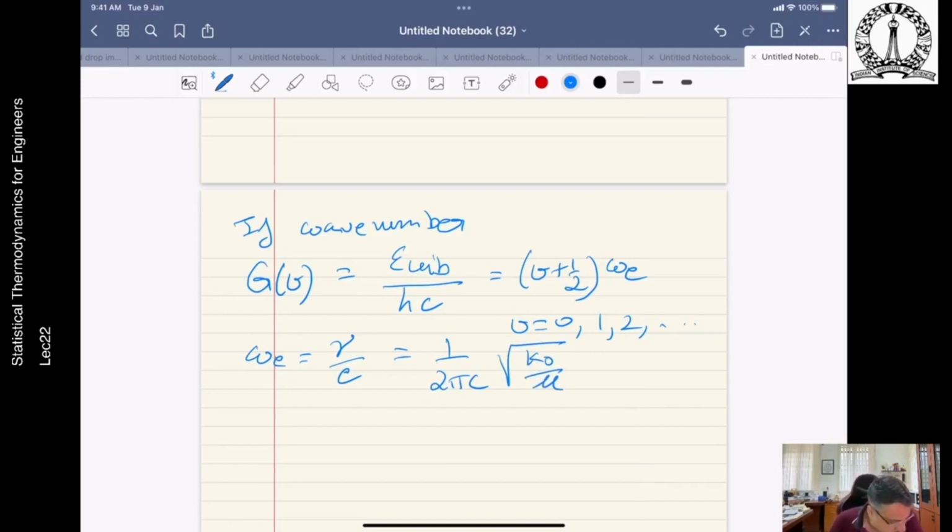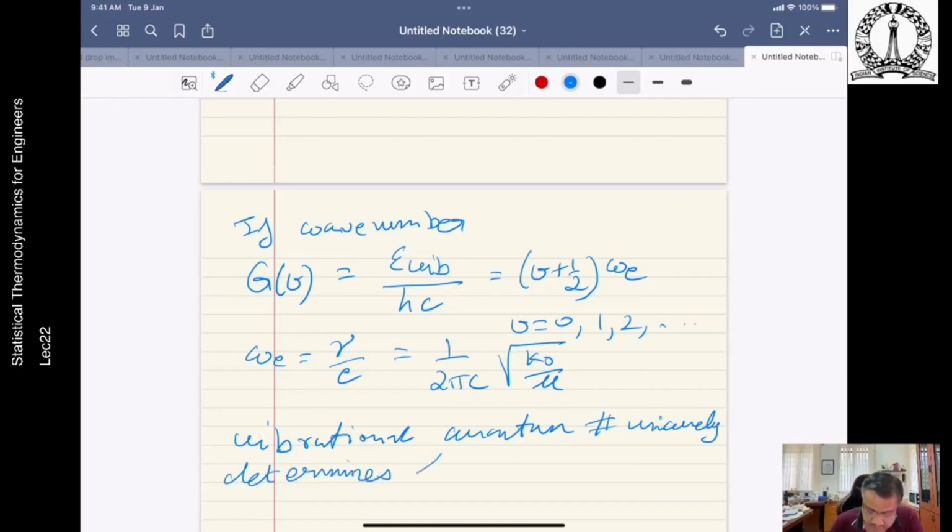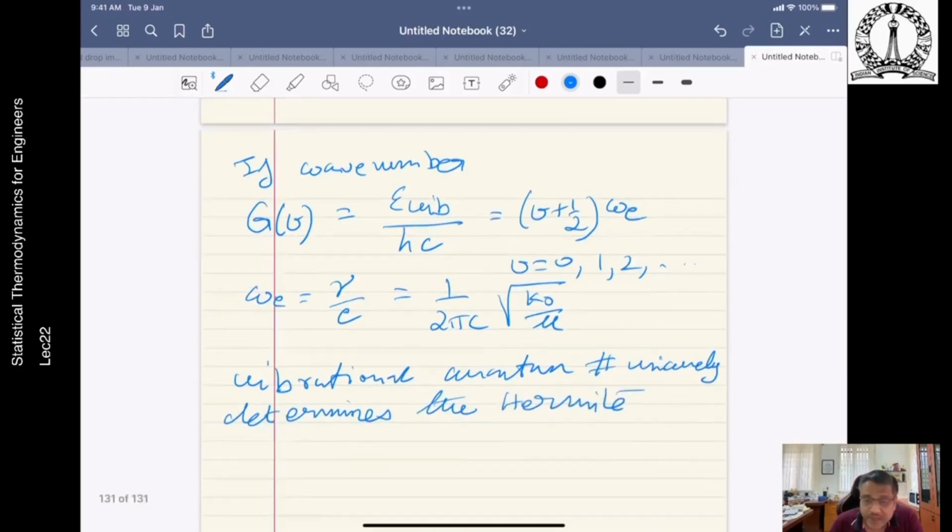So the vibrational quantum number uniquely determines the Hermite polynomial.